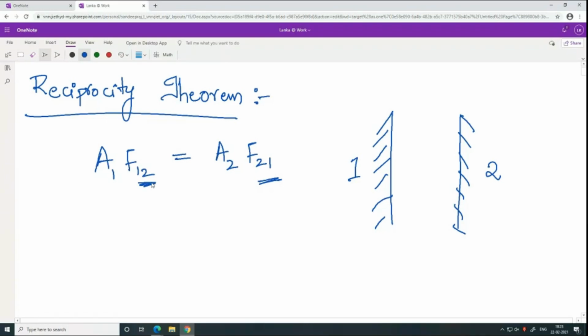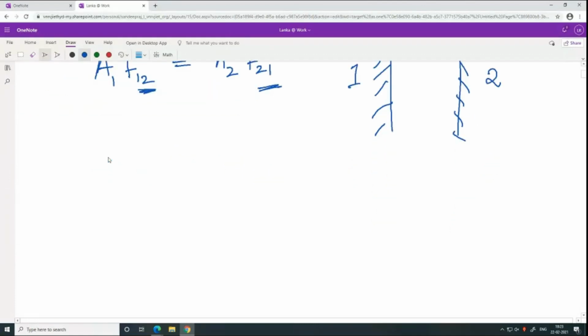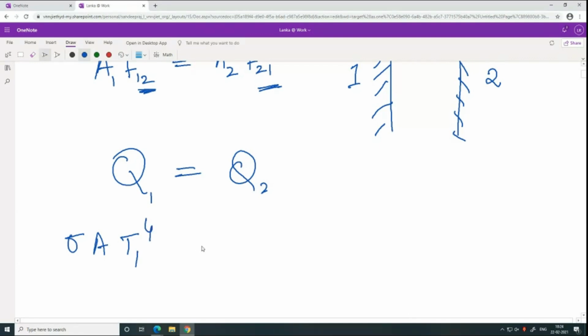So how do we get this expression? For that, we must take the heat transfer by radiation on both bodies. This is one, this is two. What is the heat transfer by radiation formula? We know it is sigma into A into T to the power of 4. This is T1 here.